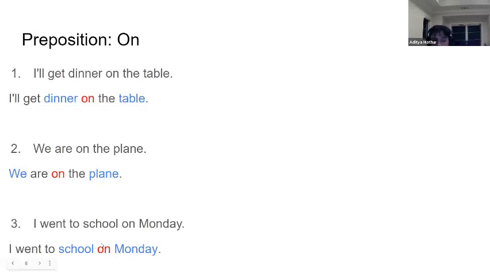Or is on relating school and Monday? And the first two don't make sense. So now we know that on is relating school and Monday. And you see, on is in the middle of these two nouns, school and Monday, and it is relating school and Monday. So it's a preposition.